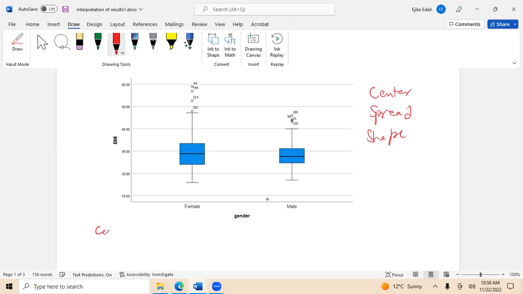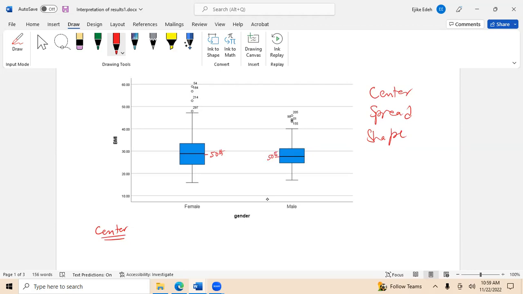For the center, you focus on the comparison of the median value, right? We know that this point here is the median, the 50th percentile. The 50th percentile is the line in the middle of each box plot.